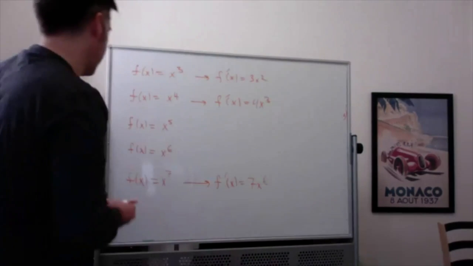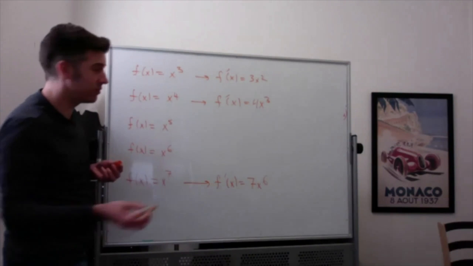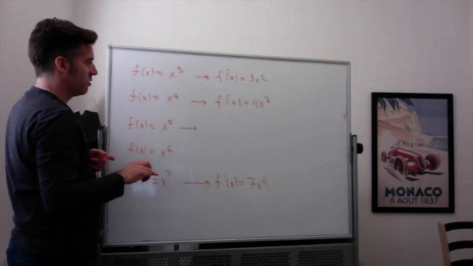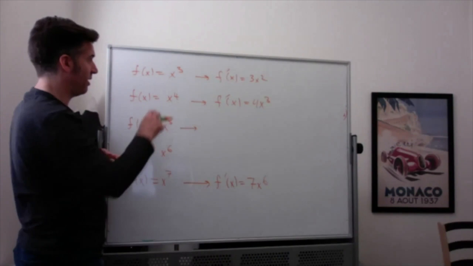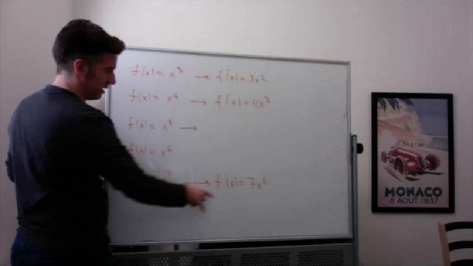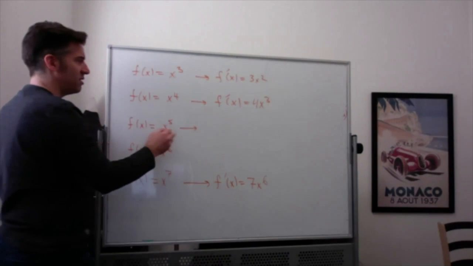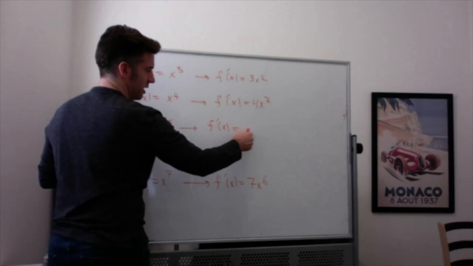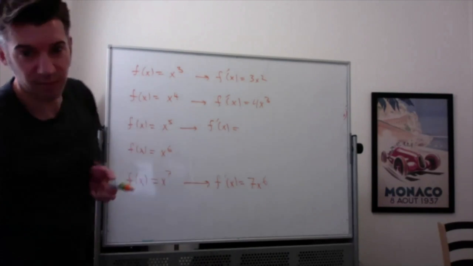It looks like each time we take the derivative, we get a coefficient. If I take the derivative of x to the 3rd, I got 3x squared. X to the 4th, I got 4x cubed. X to the 7th, I got 7x to the 6th. So if I was going to take the derivative of x to the 5th, it would be a pretty good guess that the coefficient out here would be what?